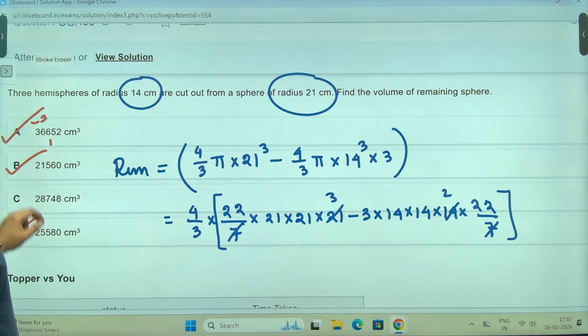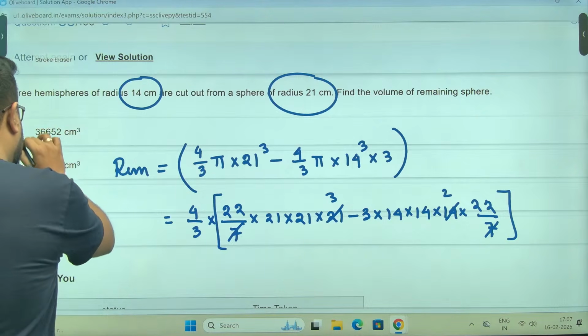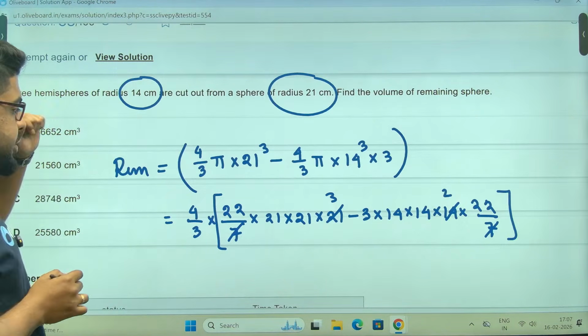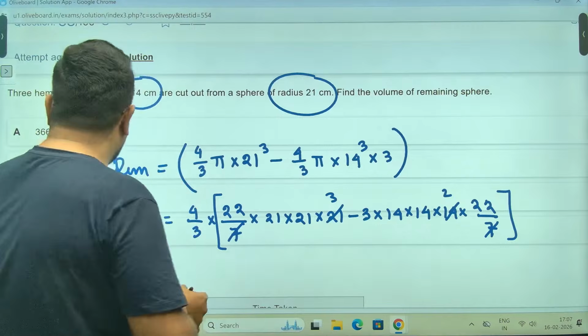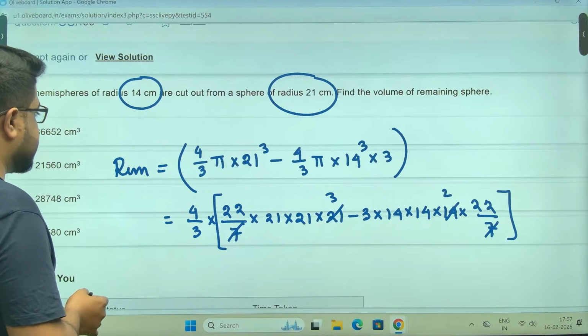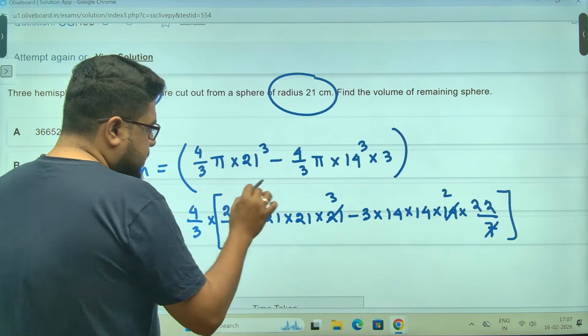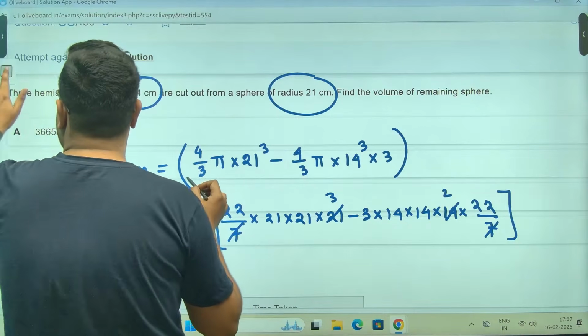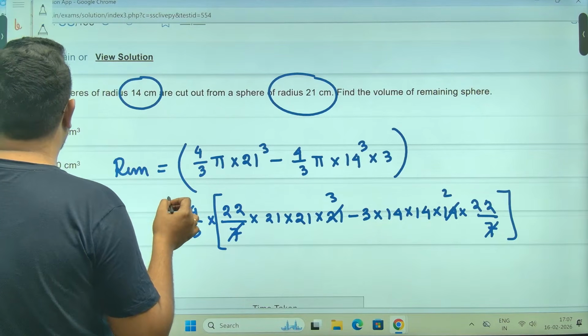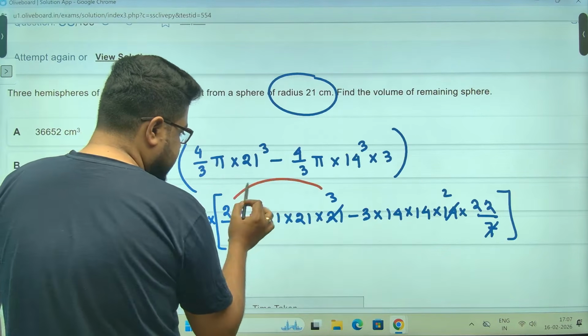Okay, let's try something else. We have multiple things at our disposal. So let's check the unit digit. 2 into 3, 6 into 1 into 1.